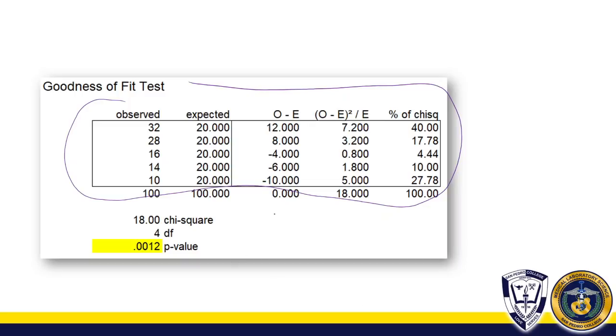All you have to do is look at your p-value. Here, we have a p-value of 0.0012, which is less than 0.05, meaning reject your null hypothesis. So it means that your consumers really show preference in terms of the flavors of the fruit soda that you're selling. Okay?